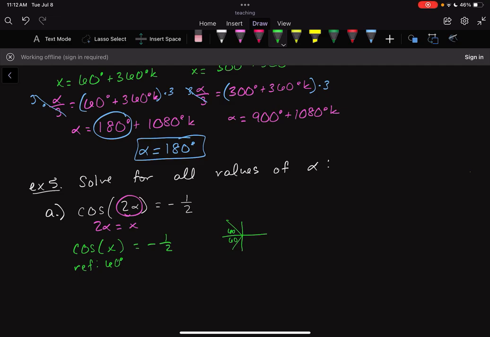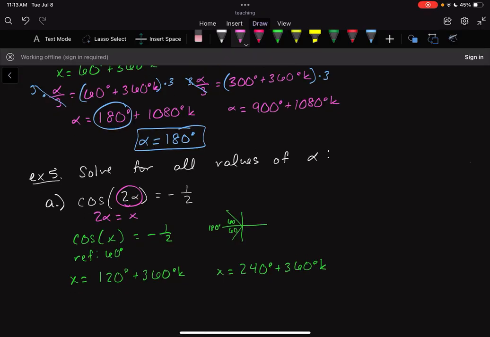So I'm looking at a reference of 60 in quadrants 2 and 3. So this is going to give me 120 degrees plus 360k and 240 degrees plus 360k. I'm getting that because this is 180, so I'm either subtracting 60 or adding 60.